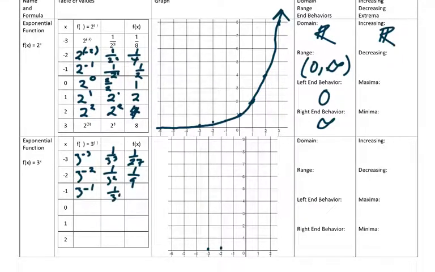That's going to be 1 over 3 to the first, which is 1/3. 3 to the 0 is kind of like 3 divided by 3, which is 1. Okay. 3 to the first is just 3, so that point's going to go right there. 3 squared is just 9.